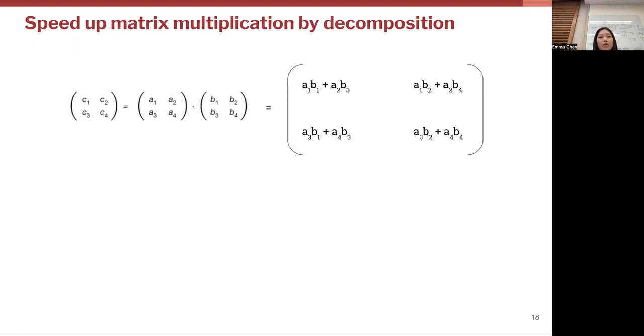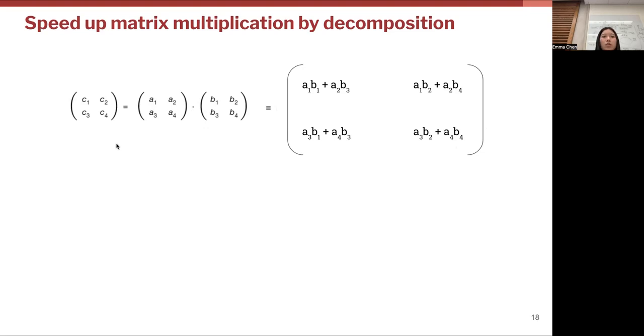So now, how are we going to speed up matrix multiplication? This is a simple example of matrix multiplication I actually get from the paper. We're all familiar with matrix multiplication. In order to get the final result, we have to multiply matrix elements row by column, row by column, row by column, row by column, and row by column again.